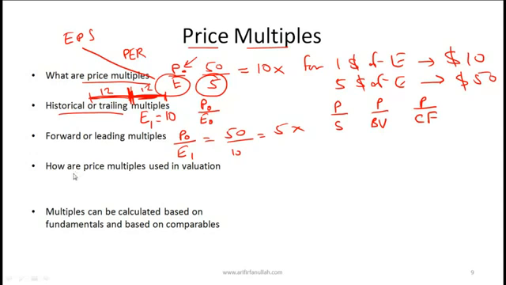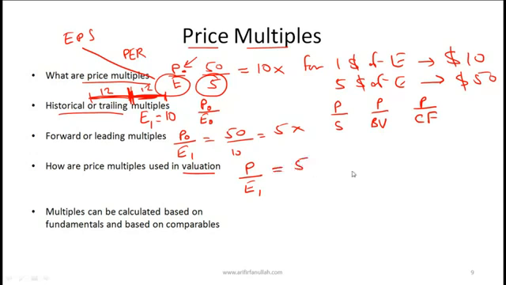Next, how are price multiples used in valuation? Very simplistically put, if you have a new company that you are trying to value, so the company just went public, and let's say that the leading PE ratio in that industry is 5.